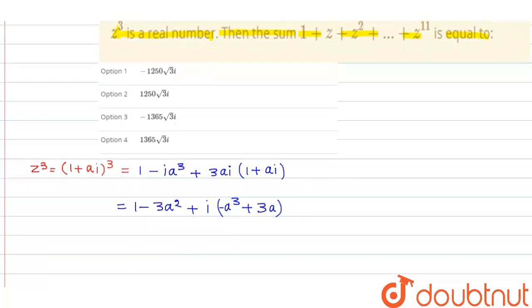Now it is saying that it is a real number. That means the imaginary part should be 0. That means 3a minus a³ is equal to 0. Then take a common, so you get a(3 minus a²) equal to 0.